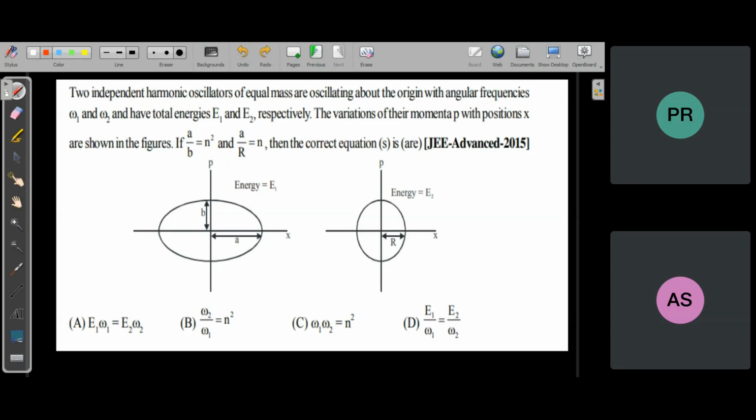So getting the equation in proper ellipse form, you will get the value of A and the value of B. And after getting the values of A and B, you will get the N value. So try.